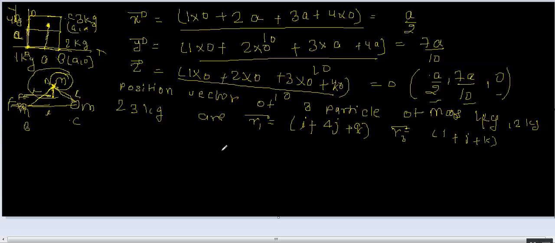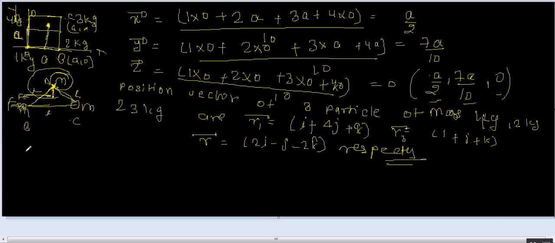Okay, and r3 is equal to 2i minus j minus 2k. So we have to find the position vector of the center of mass, respectively. So we have to find what is the position vector of center of mass. Let's do it first.